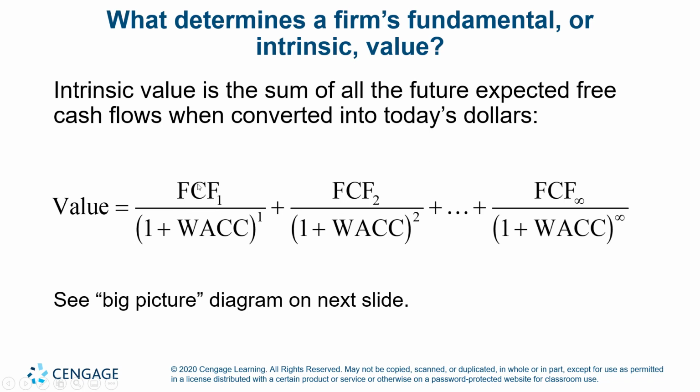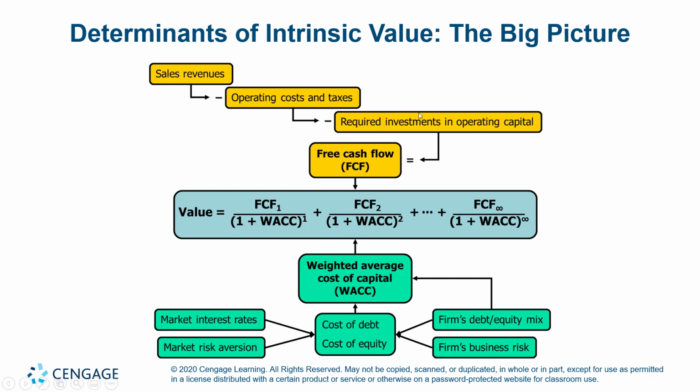So that is discounted with the risk factor, which is the WACC, the weighted average cost of capital, and we're going to talk about it in a later chapter. This process is known as discounting, and discounting is also one of the key ideas of the time value of money.